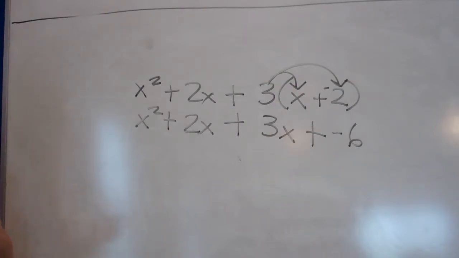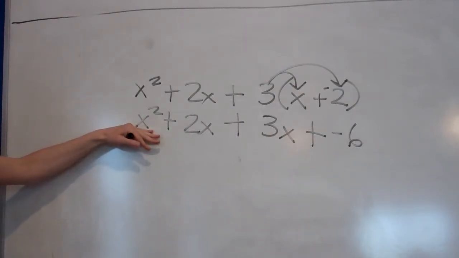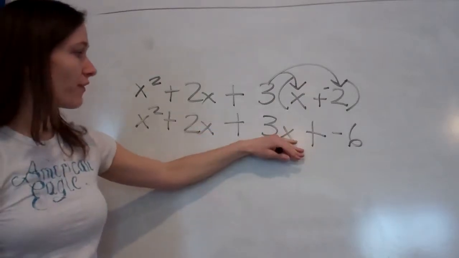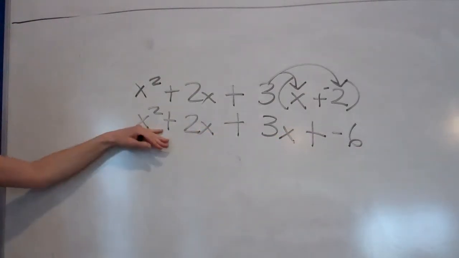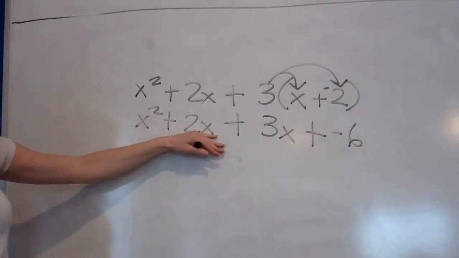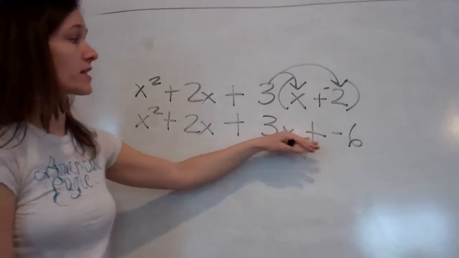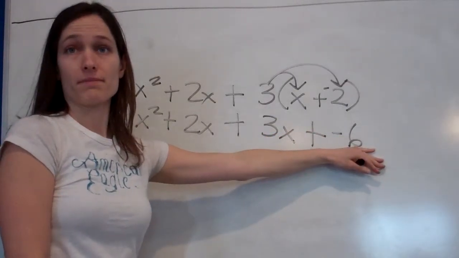Now we have elephants, giraffe, lion. Everybody get that? Elephants, because we have an x squared here. Giraffes, because we just have x's. And then we just have a number, lion. Everybody got it?